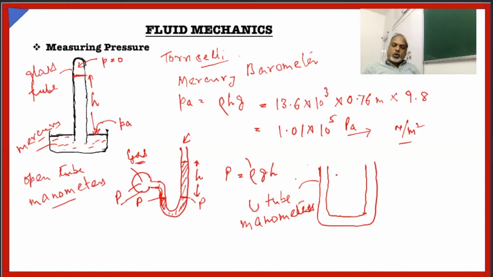Manometers can be used to find out the density of the liquid. Suppose you have one liquid like this, and it is up to this level.